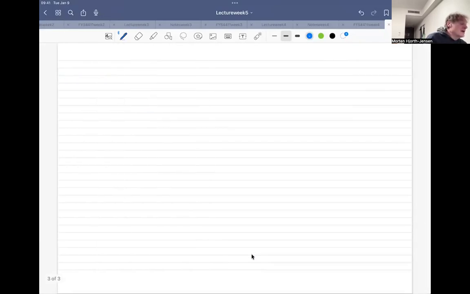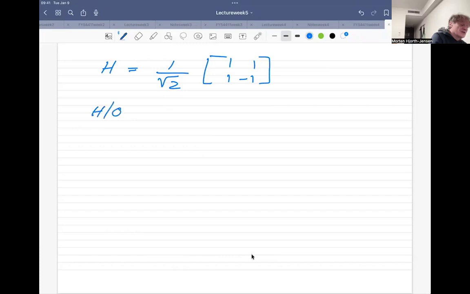So if we now look at the 2 qubit state, which we discussed last week, let me just quickly remind you of the Hadamard gate, which you also have in the slides here. So the Hadamard gate, for a 1 qubit system, is given by this simple operation here. And that means that when we act with the Hadamard gate on an initial state 0, this gives us a superposition of the two computational basis states 0 and 1.